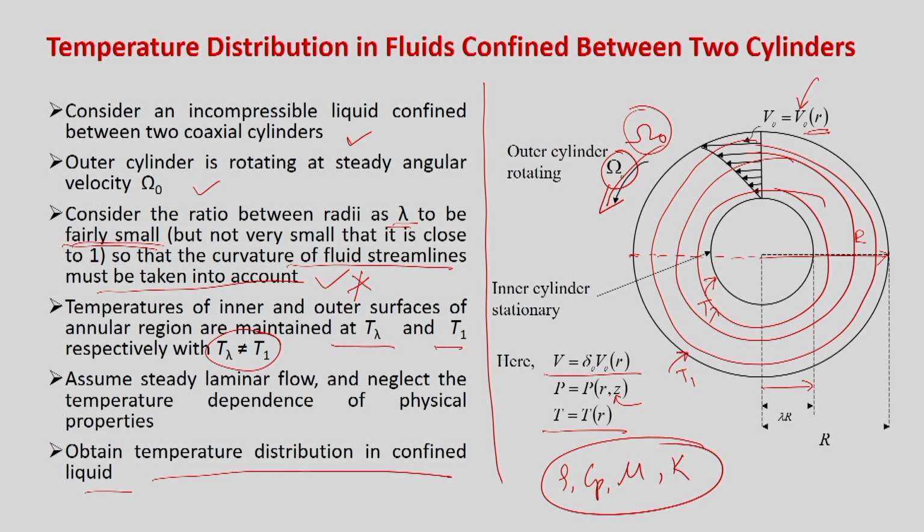Now, we have to simplify the energy equation in order to get the temperature profile. But in the energy equation we have velocity terms as well, because the heat transfer due to convection is because of the bulk flow. So, we should know how the velocity is changing in this confined region. What should we do?